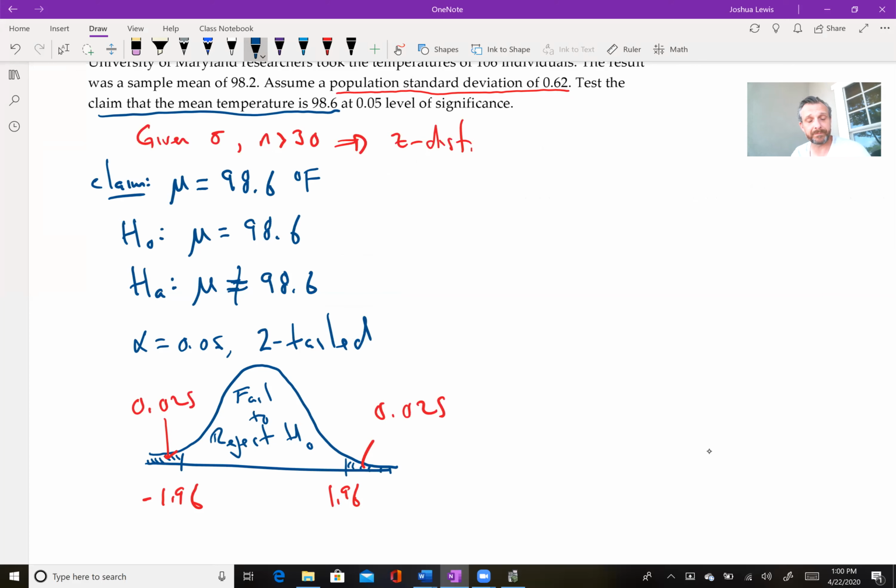Well, now we go find our Z, something to compare with those critical values. Let's take a look.